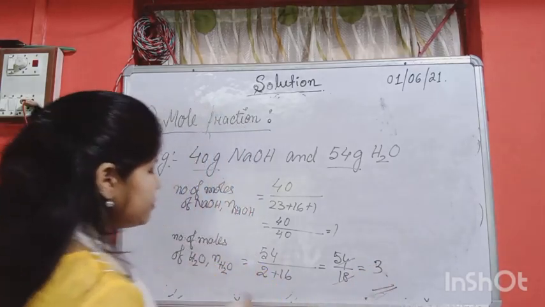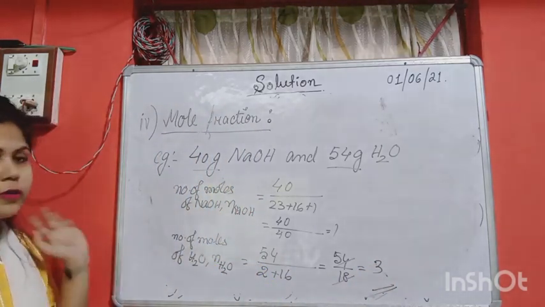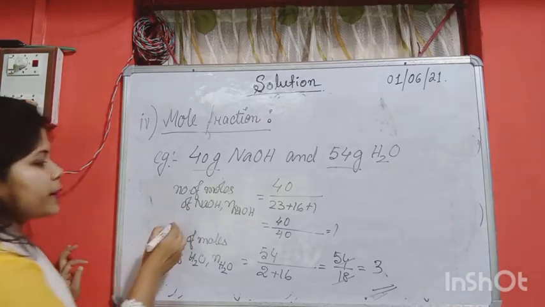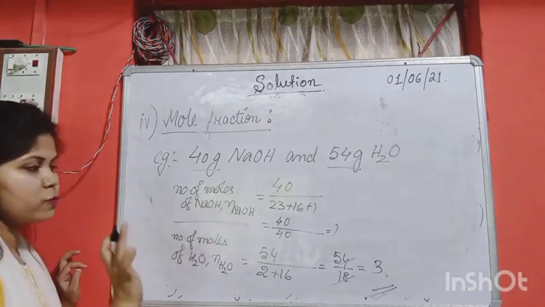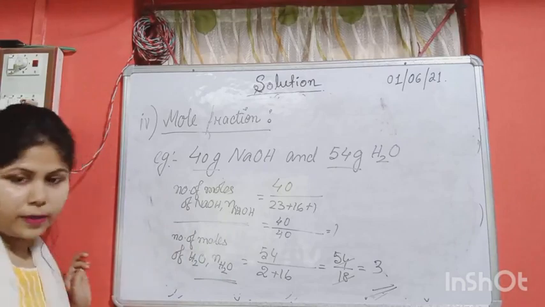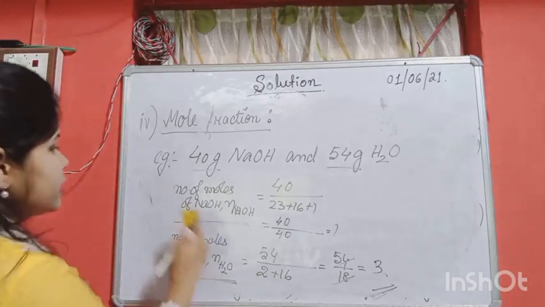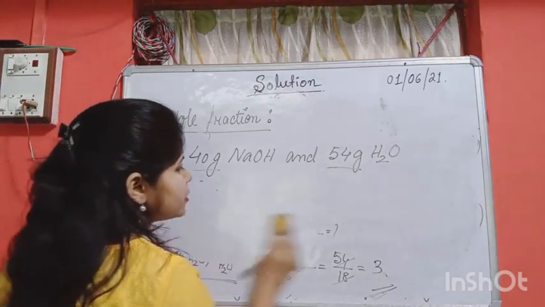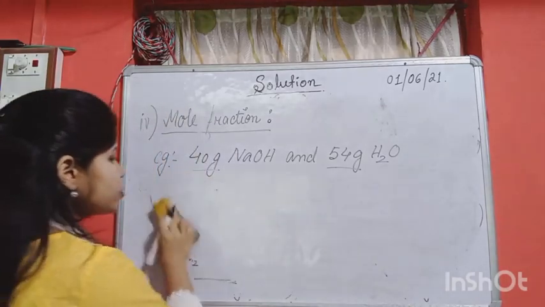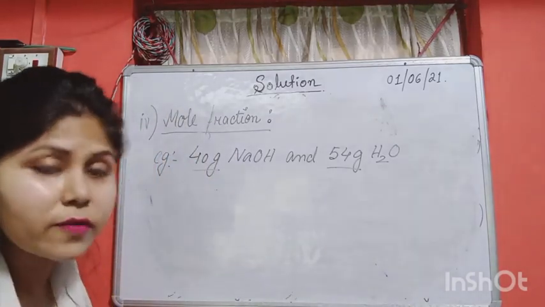So I have got the number of moles for sodium hydroxide and water also. For sodium hydroxide, the number of moles is 1, and for water it is 3. So I have found out first the number of moles. Now I need to find out the mole fraction for both of them, which is required in our question.